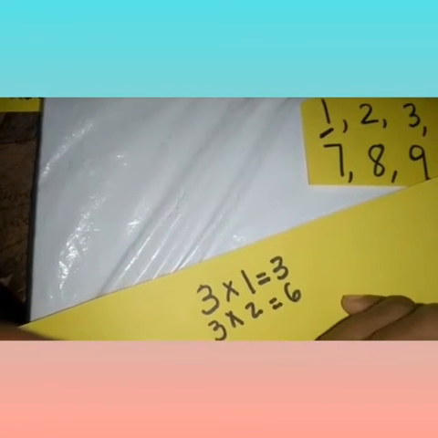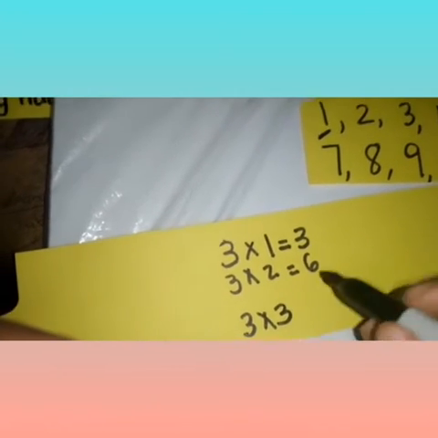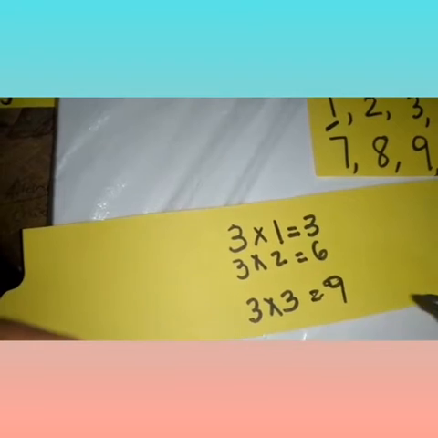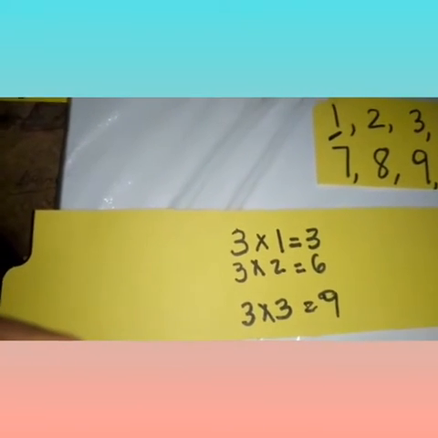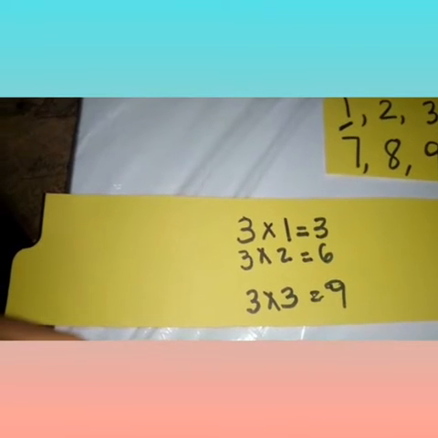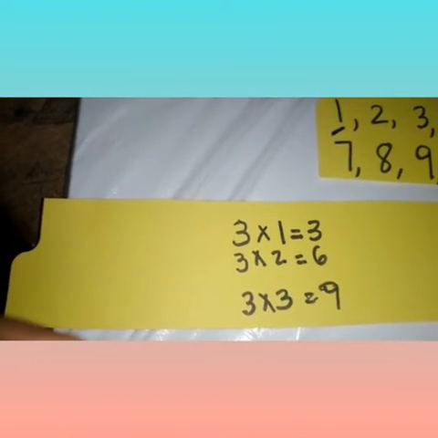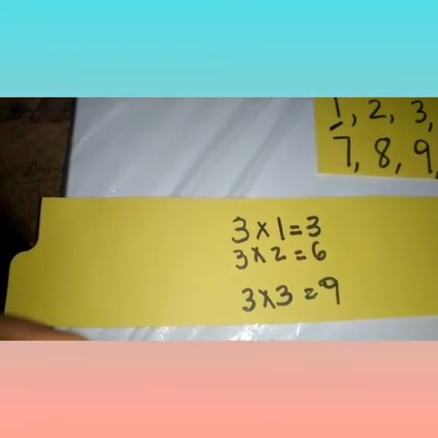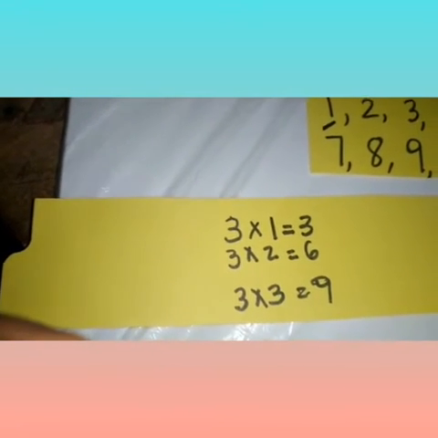So it's going to be 3 multiplied by 3, which is equal to 9. Alright, so that is how you find the multiple of a given number. You just multiply the number that you get by the counting numbers.